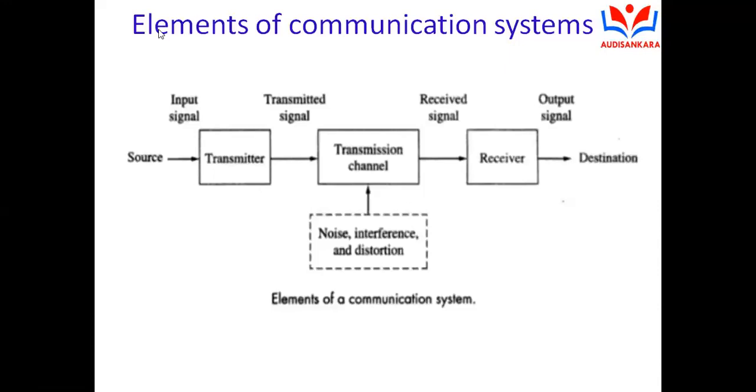So see here, this is the block diagram of the communication system. Basically, the elements of the communication system are information, message, and signal. The building blocks of a communication system are transmitter, transmission channel, and receiver.